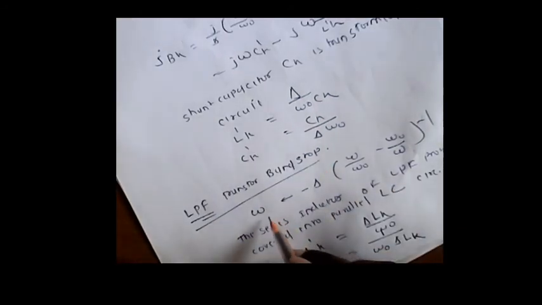The new values are L dash k equal to delta Lk divided by omega 0, and C dash k equal to 1 upon omega 0 delta Lk. So whenever we transform a low pass filter prototype into band stop, the frequency is converted to minus delta over omega 0 minus omega into omega 0, inverse.